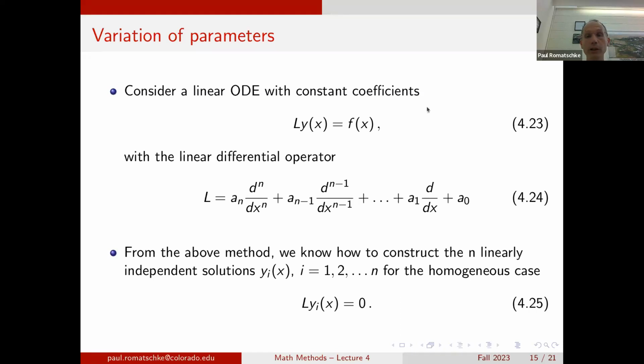If the problem was homogeneous, so if f of x was vanishing, we know how to construct the general solution and all the linearly independent solutions for this case from the method that was discussed a few slides back. So I want to talk about what happens if we assume that we already know these linearly independent solutions y i, i ranging from 1 all the way to n.